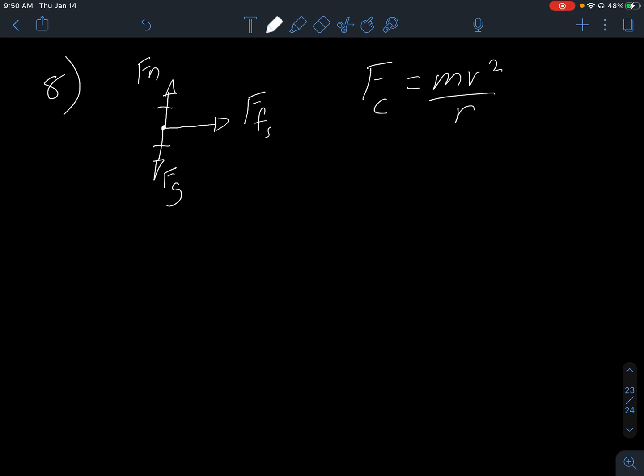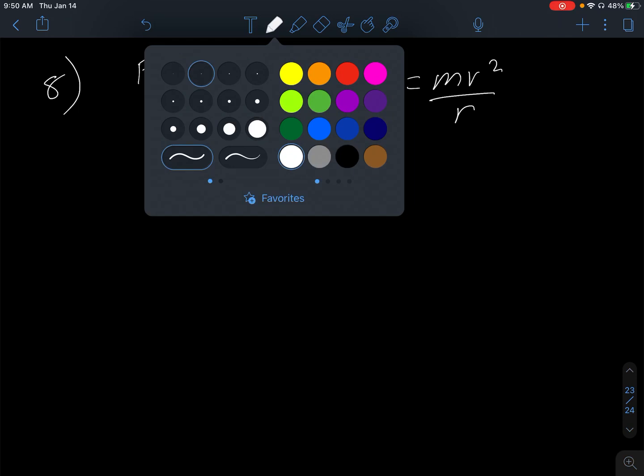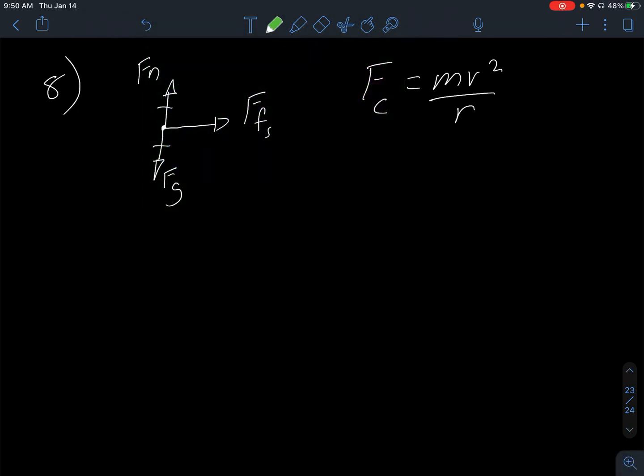Let's go ahead and determine what we have. Let's change colors because this has a lot of numbers in it. So we're given the radius being 125 meters, and a speed or velocity of 95 kilometers per hour.